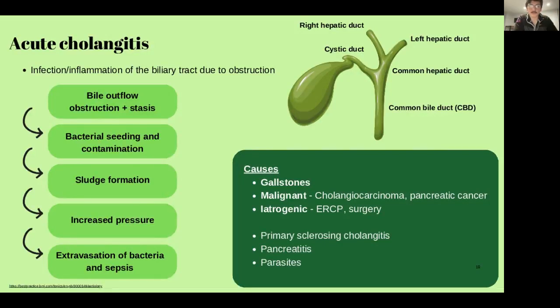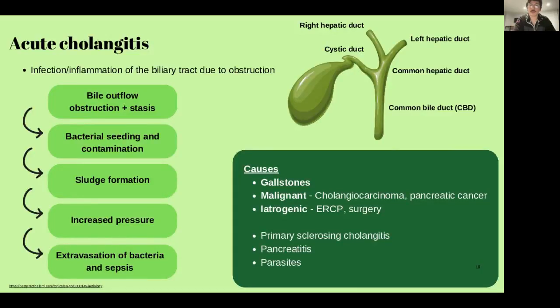So what's the pathophysiology of it? You get bile outflow obstruction and stasis. Let's say a gallstone has dropped from the gallbladder into the CBD and got lodged there. So the bile is obstructed and there's stasis. Then you get bacterial seeding and contamination.